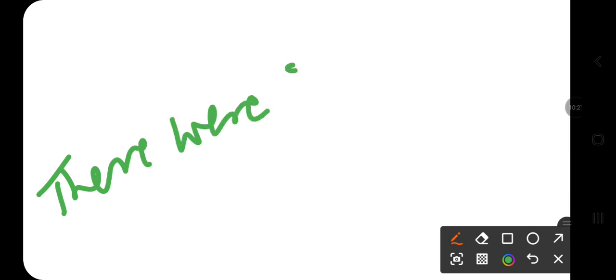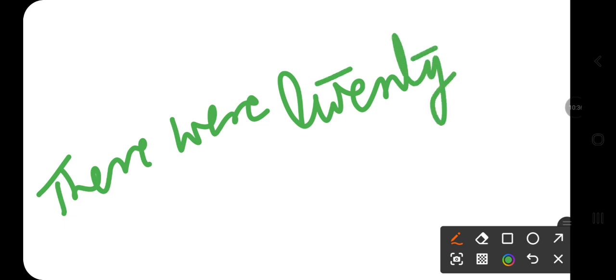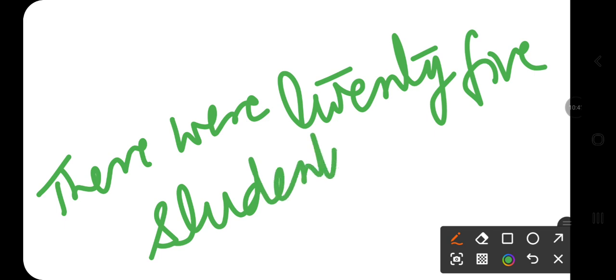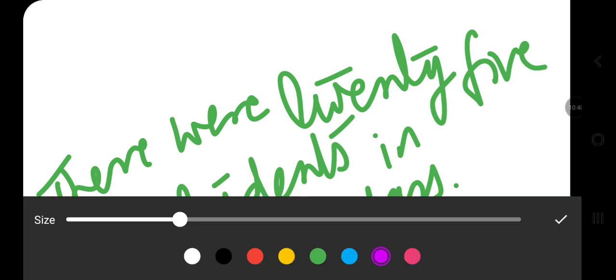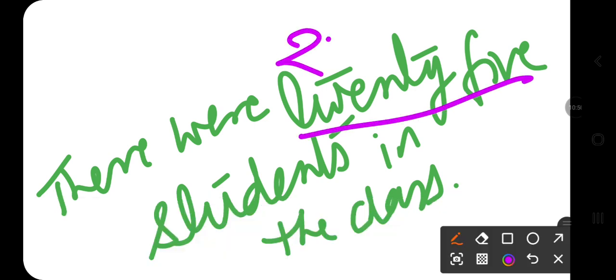But if you have written that there were 25 students in the class, so here it is wrong, because 25 should be written in number figures.